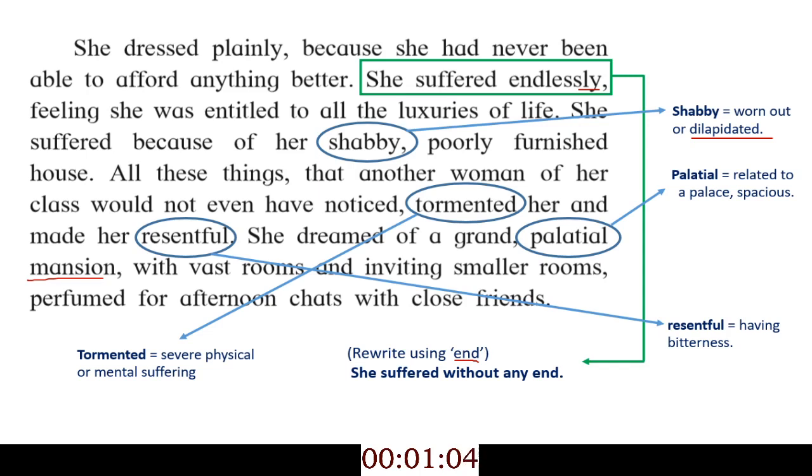Please make proper notes. That is why I'm conceding a couple of minutes after every slide. Please be particular. Make proper notes, guys.